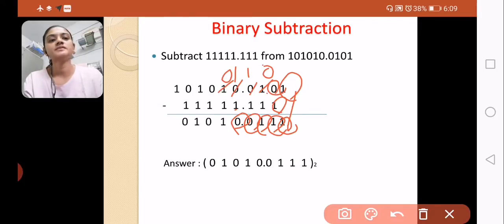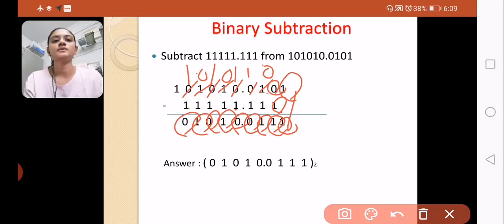0 minus 1 will give 1. We will take a borrow here. 1 minus 1, it is 0. Again take the borrow. 0 minus 1, difference is 1. Again have to take the borrow. So that is 1, and 1 minus 1 will give the answer as 0.